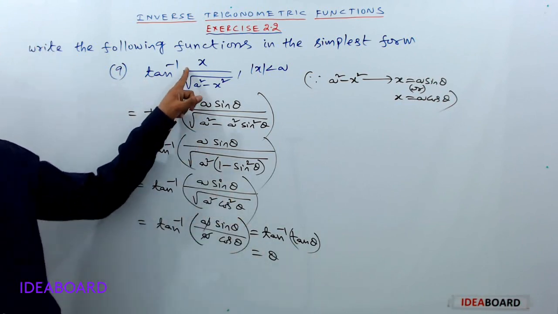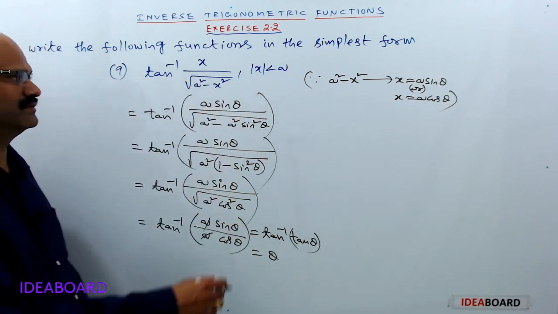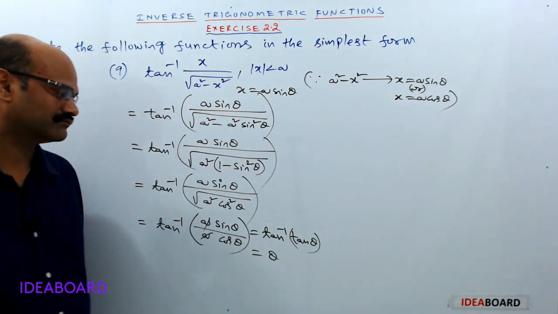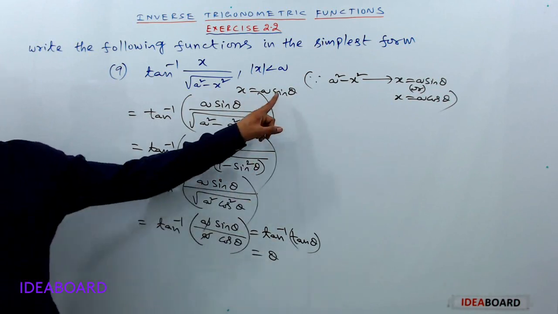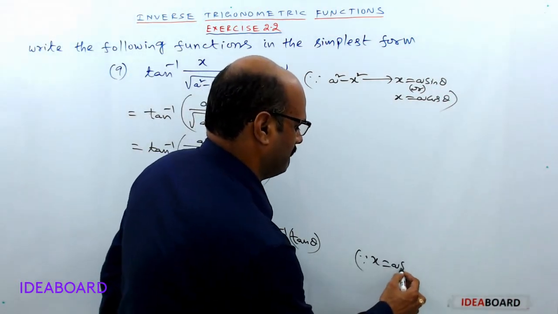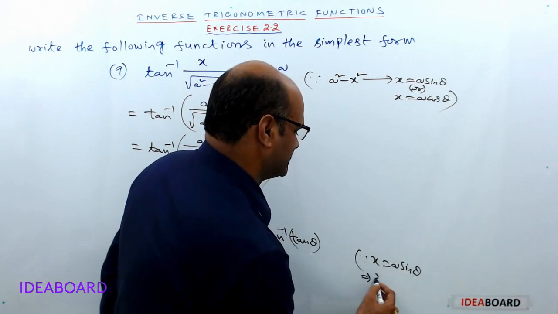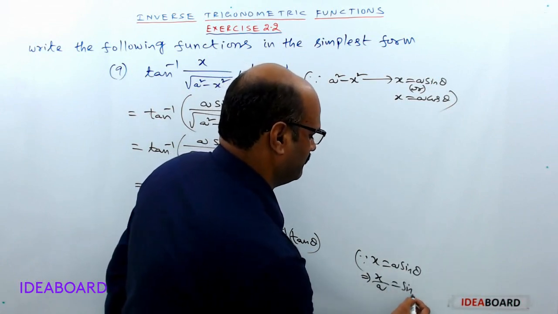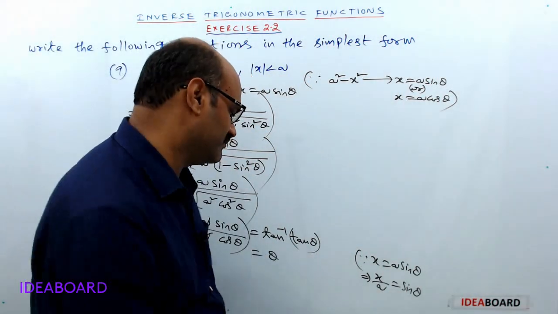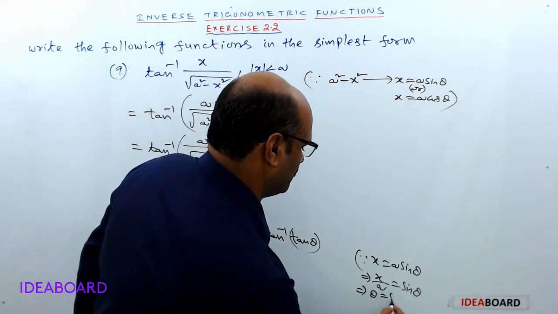We have taken x equal to a sin theta here. Whenever x equal to a sin theta, x by a equal to sin theta, then theta equal to sin inverse of x by a.